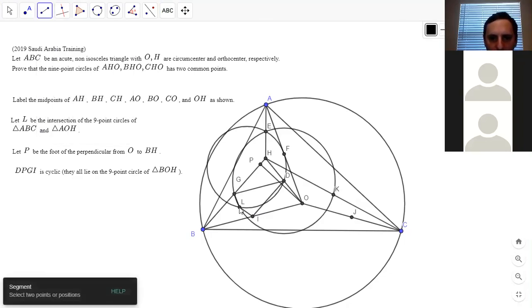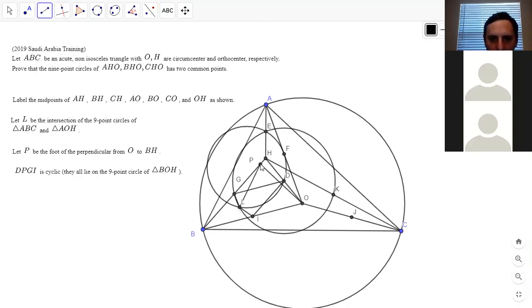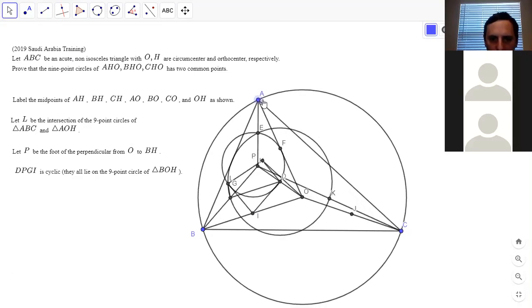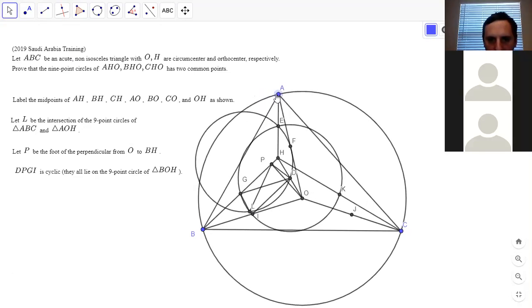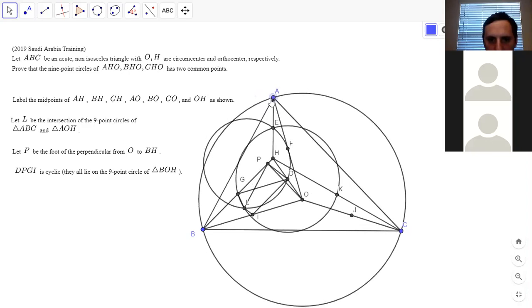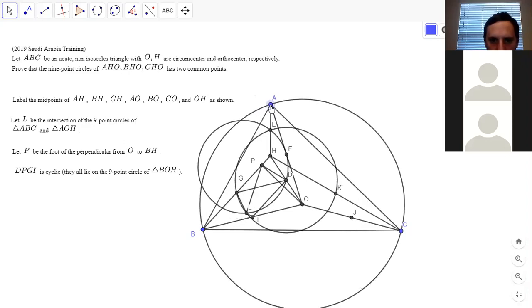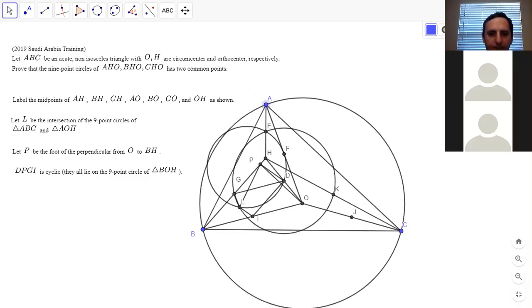I wonder though, it almost looks like maybe DPLI is an isosceles trapezoid. Let's see, DPLI. That almost looks like an isosceles trapezoid. Yeah, so maybe we could show that.